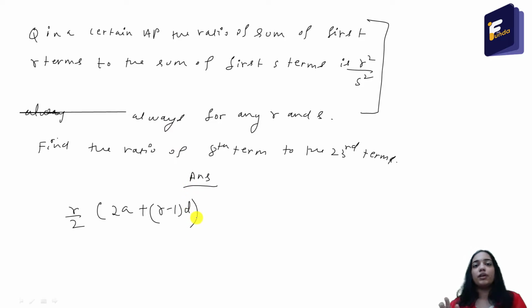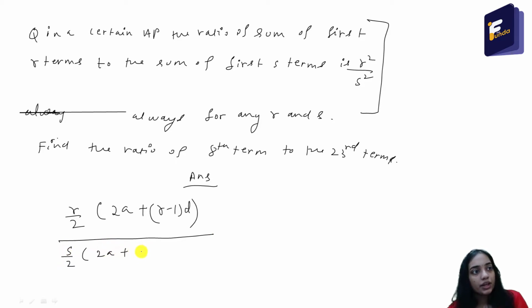So this is the sum of R terms divided by the sum of S terms, S by 2 into 2a plus S minus 1 into d. We are given that this whole ratio is equal to R square by S square.